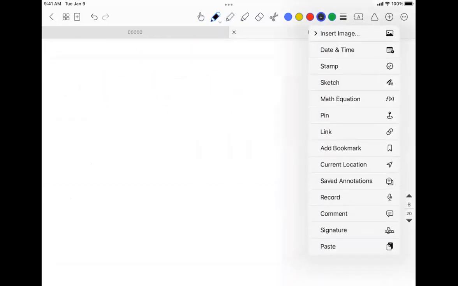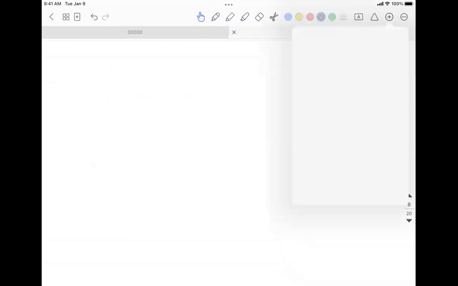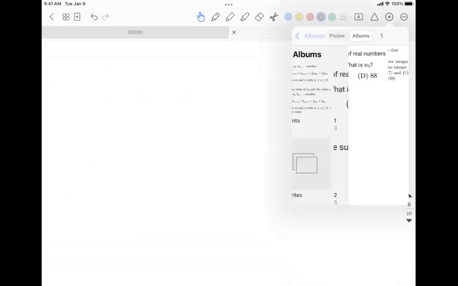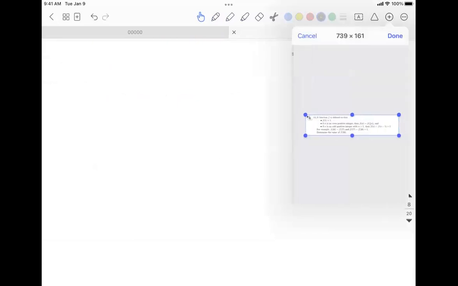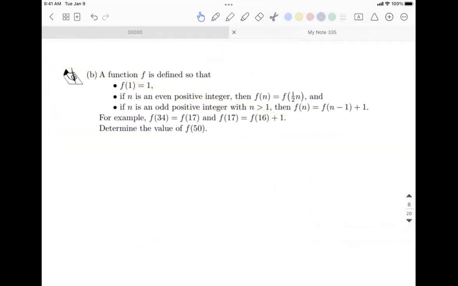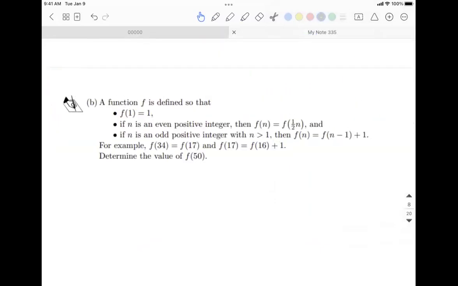Our second problem comes from Euclid. Number 2. There you go. This is a problem from the 2018 Euclid, question number 4.